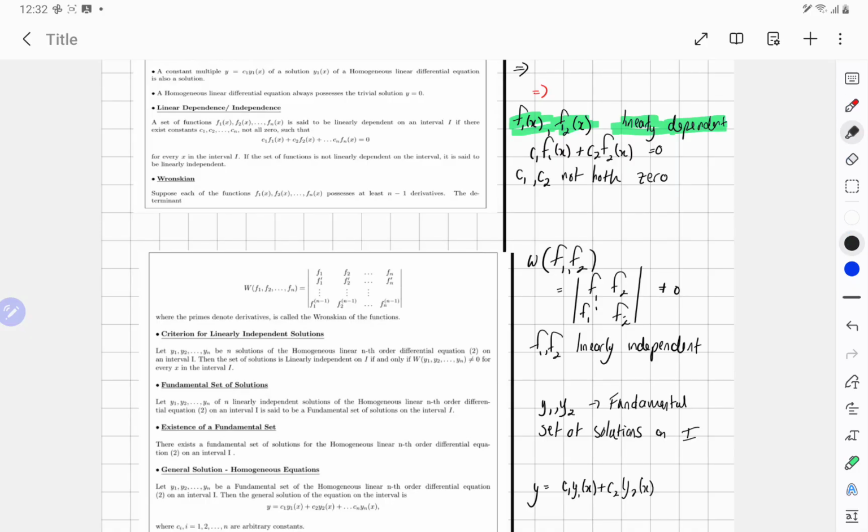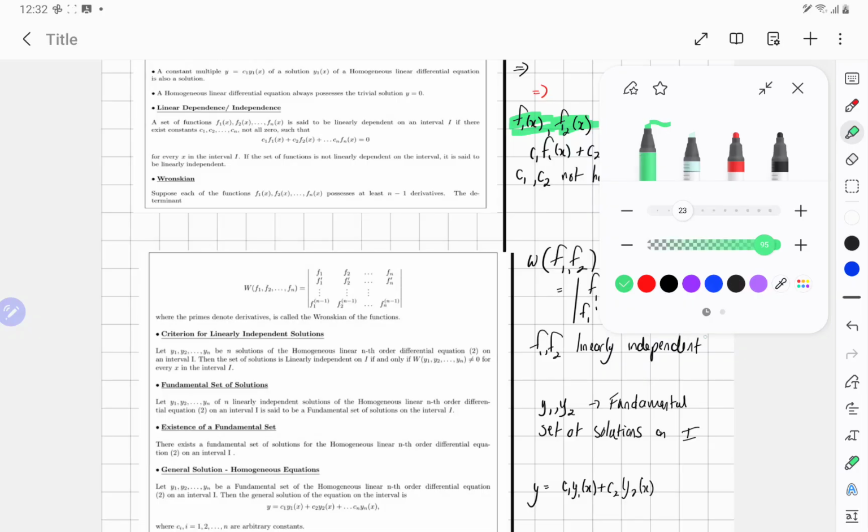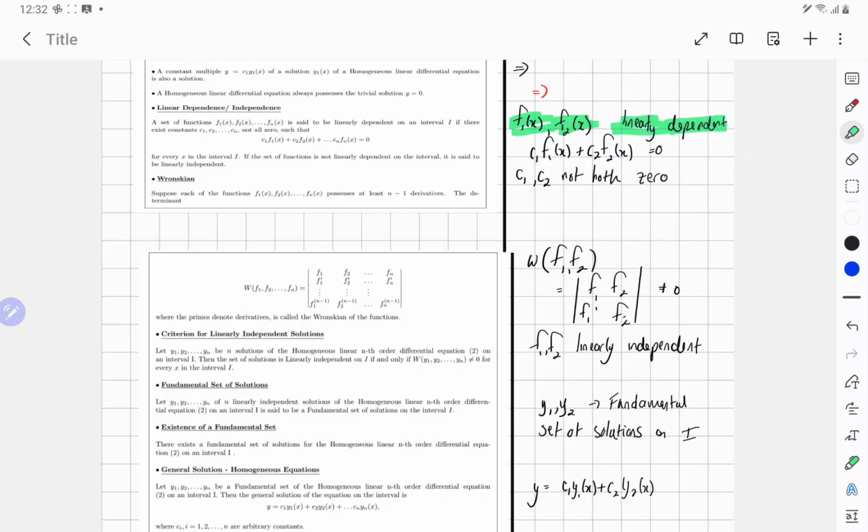Now, if I have a linear combination, so c1 f1 plus c2 f2 is 0, but not both of my c1, c2 are equal to 0, say I get c1 is 5, c2 is 3, they're not both 0, then my functions will be linearly dependent.